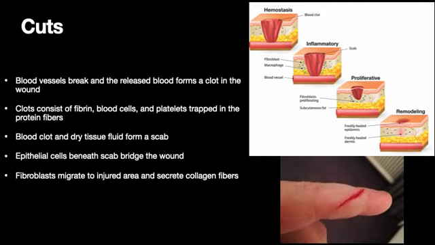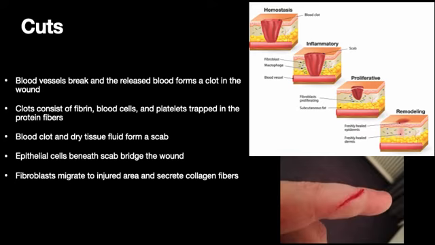Clots consist of fibrin, blood cells, and platelets trapped in protein fibers, and blood clot and dry tissue fluid form a scab. Everything that spills out, including blood and blood cells, dries up and fills up the landfill, so to say.